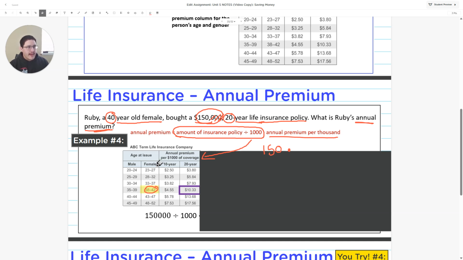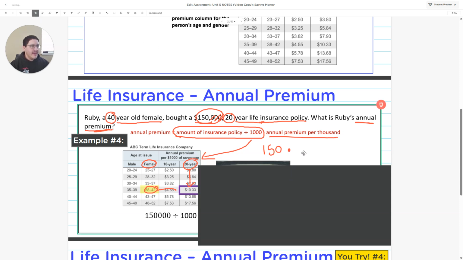So we know that Ruby is a 40-year-old female, and this is a 20-year life insurance policy that's being taken out. So we're going to go here. Per 1,000 covered, it's going to cost her $10.33. So we're going to multiply this value by $10.33.